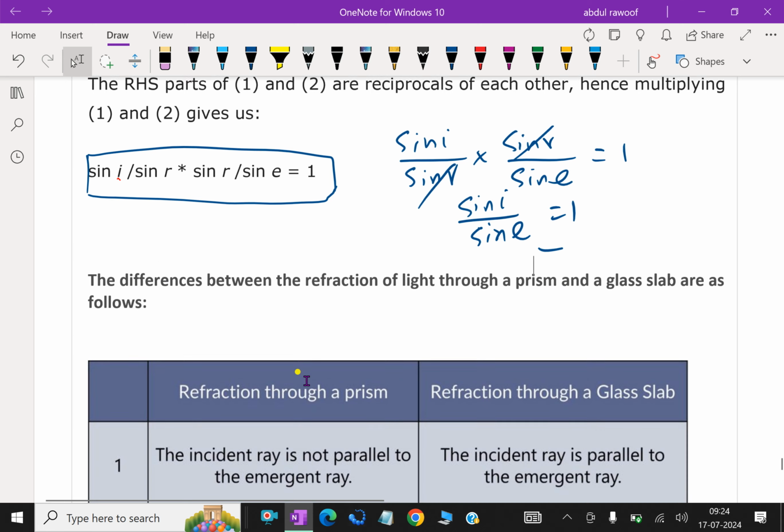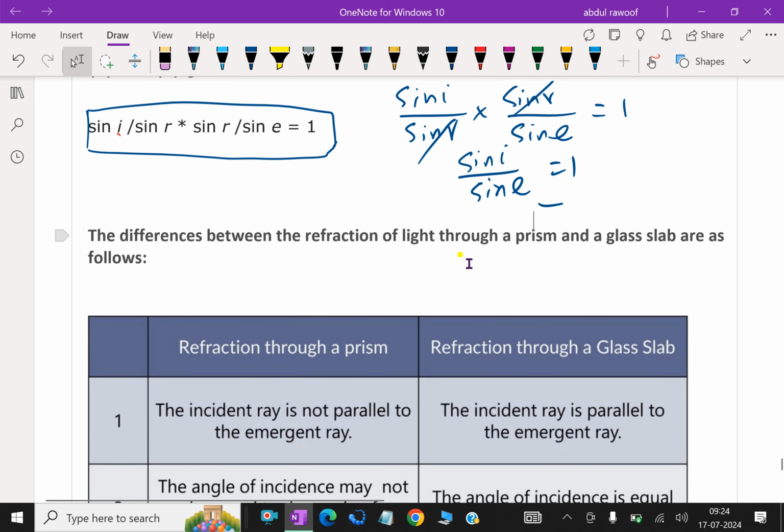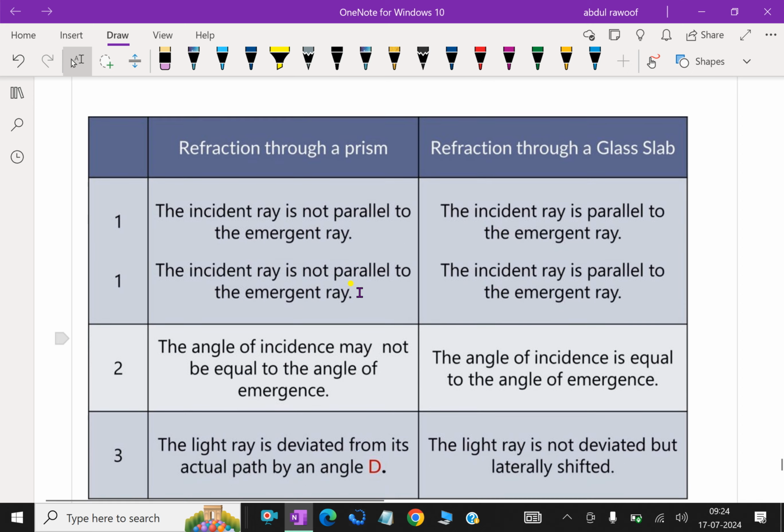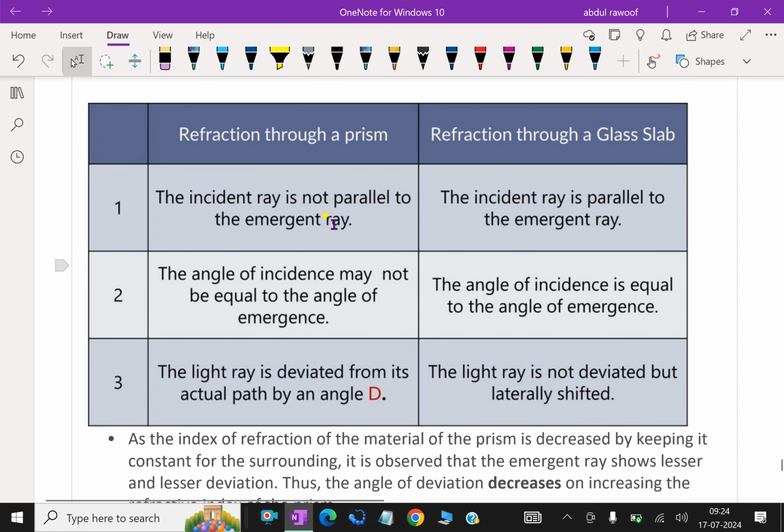Next, the differences between the refraction of light through a prism and a glass slab are as follows in the table. This is through a prism, through a glass slab. The incident ray is not parallel to the emergent ray in a triangular prism. Then here, in the glass slab, the incident ray is parallel to the emergent ray.